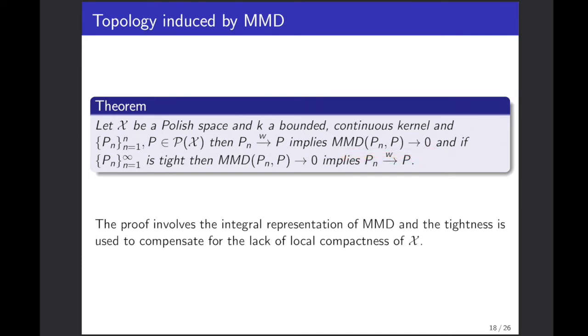On the other hand, if it is a tight sequence, then MMD converging to 0 will imply that Pn converges weakly to P. The proof of this involves the double integral representation of MMD in terms of the kernel, and the tightness is used to compensate for the lack of local compactness of X.